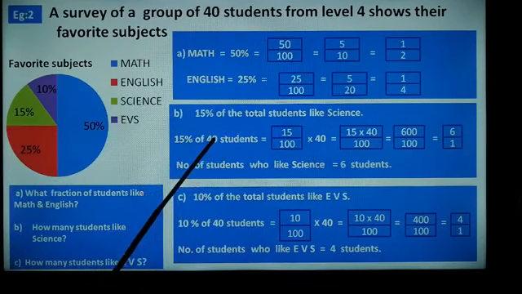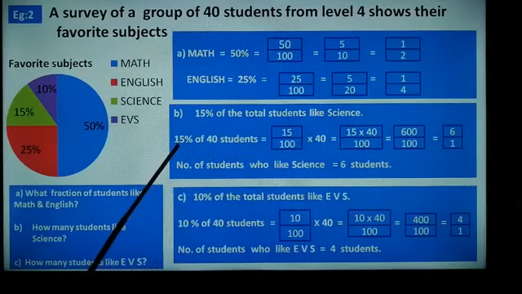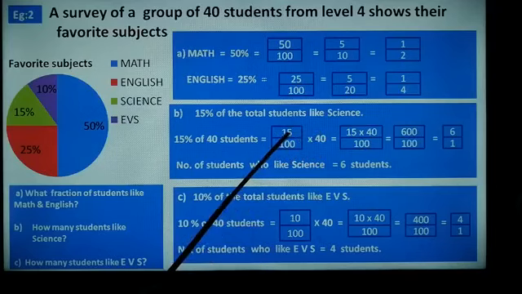Same as percentage of a quantity: 15 percent of the total number, which is 40. So write 15 percent as a fraction, 15 by 100, multiplied by the total number 40. This is the quantity. So 15 into 40 by the denominator 100.